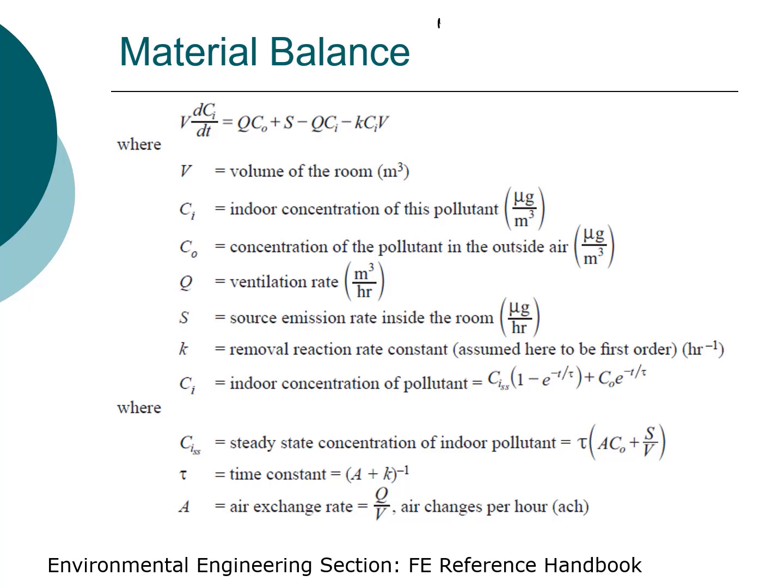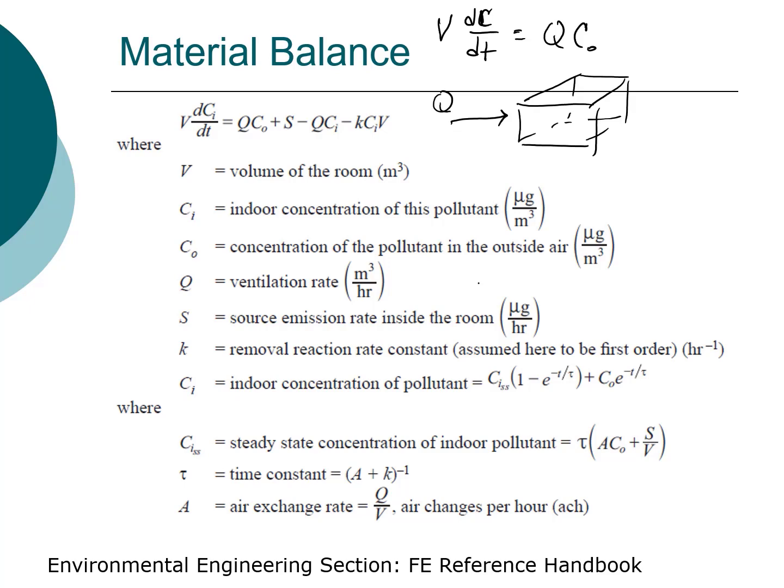Okay, this is written as V dC/dt. Remember, we've taken volume out of the differential, so we've assumed that we have constant volume. That first term, Q C naught, that is the term for the input of your contaminant of interest from the outside.